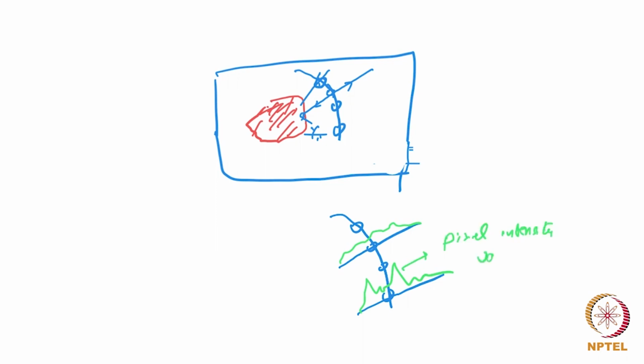I'm loosely using this term; ideally, you will have to take it for every point. You have a bunch of training data sets, and then you will have a bunch of these intensity profiles. In fact, you can construct a statistical distribution from this, like we did for the point cloud for the active shape model, and look where these things would match. So this is another way of doing it.